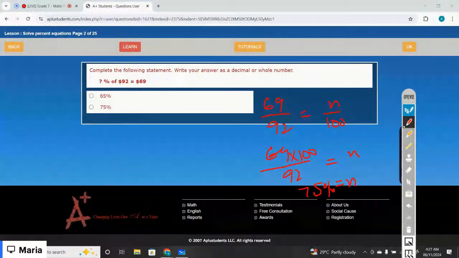So that means 69 is 75% of 92. The correct option is 75%.